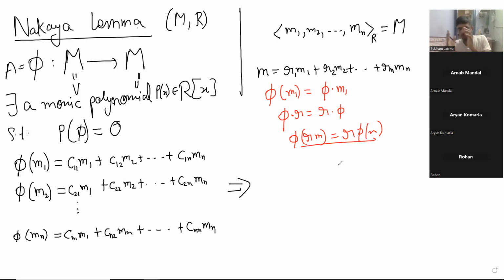You have R, which is a commutative ring. You throw in phi and all its powers and additions and mix it with R. It's still a commutative ring. Everything is still commutative. Okay, that's all I want.